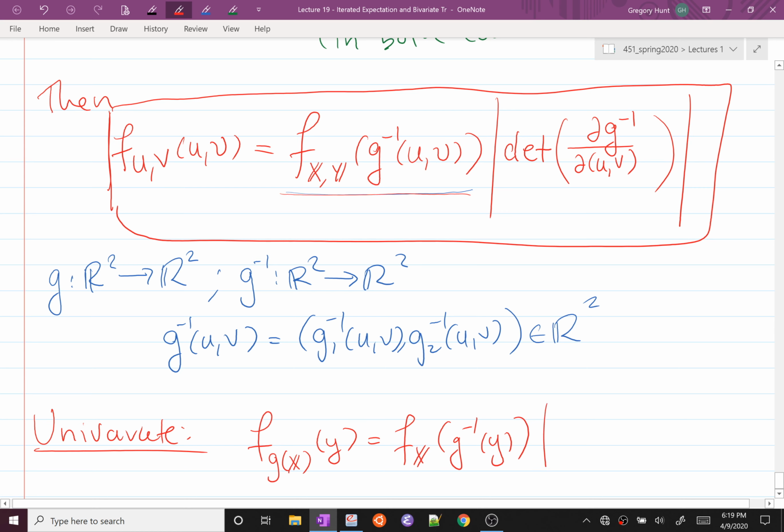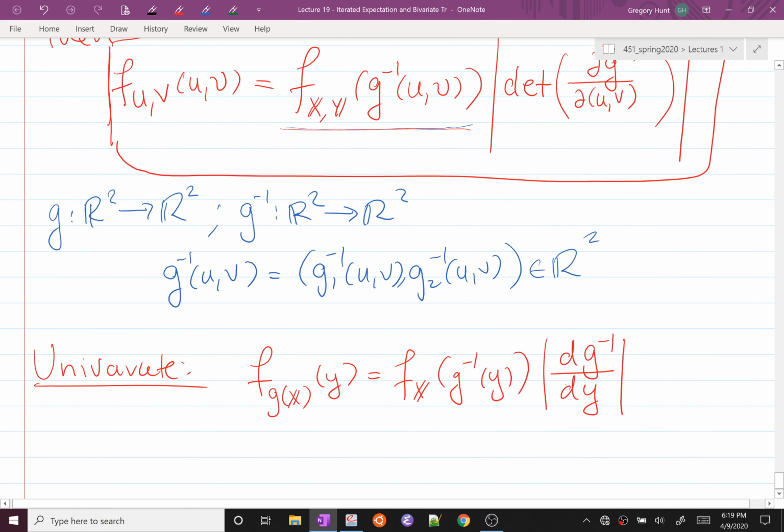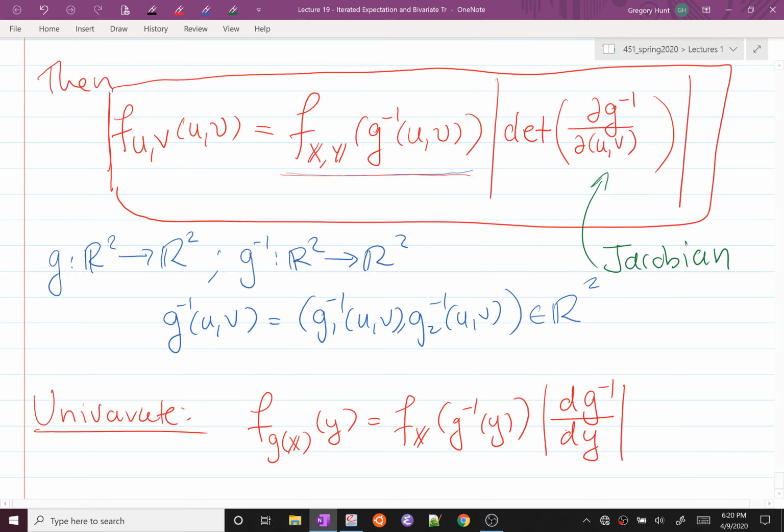And I said times the absolute value of the derivative of g inverse with respect to y. And now we have the absolute value of the determinant of this derivative. And this thing here is what's called the Jacobian. So that's my notation for it. Sometimes people just use J. I like to remember it's the derivative of this inverse. So let's look at this Jacobian a little more in depth.